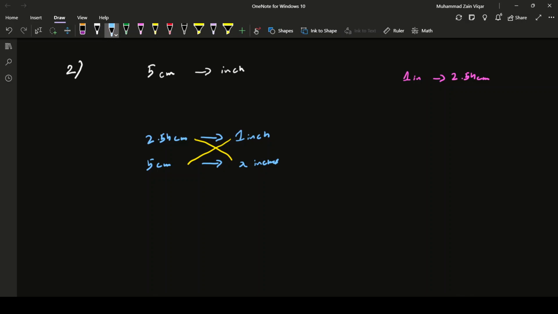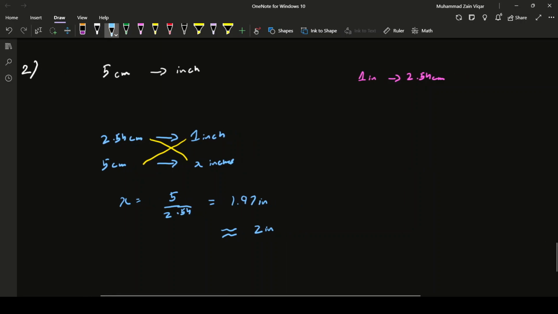So this will give me x equals 5 divided by 2.54, and this would come out to be 1.97 inches. Obviously I've skipped some steps, but you can do them and check that for yourself. And this number is approximately equal to 2 inches. That's how I could convert this.